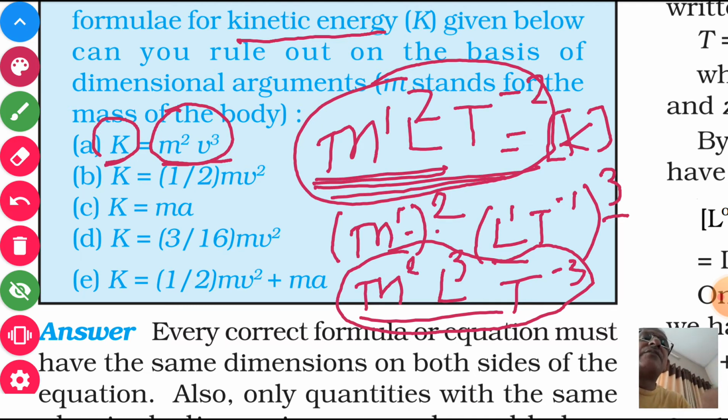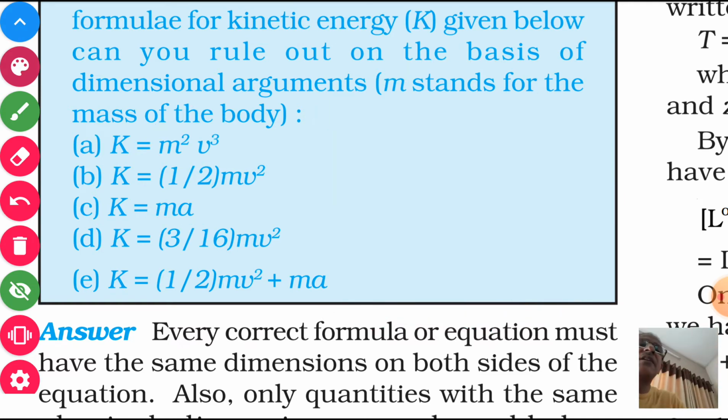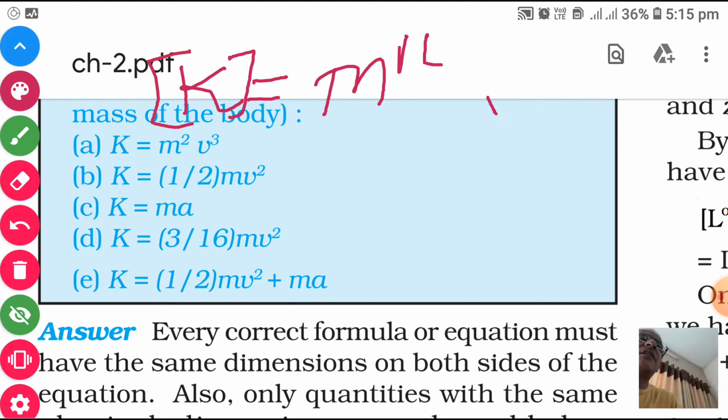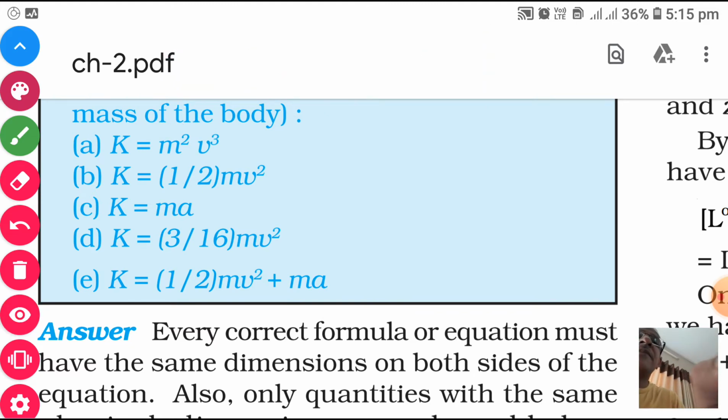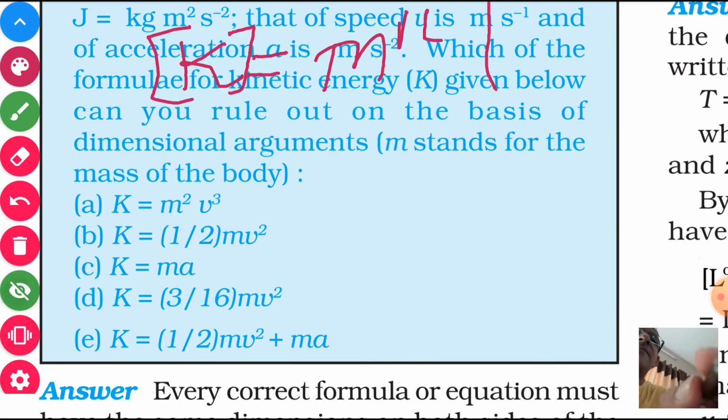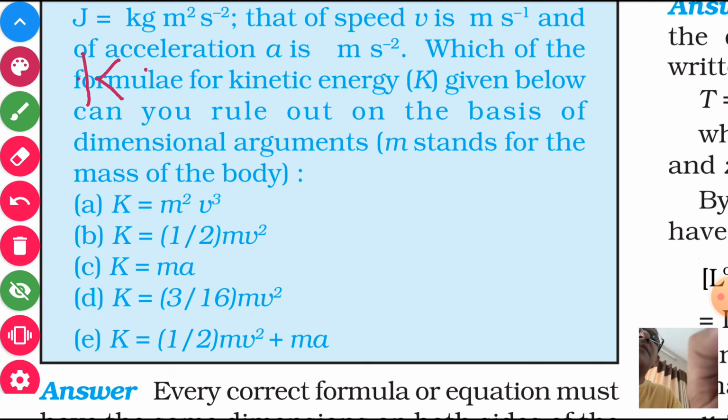This way you can go for each and every quantity. Let us say I use the third one, K = ma. K has the same dimensional formula, that is not going to change: M¹L²T⁻².